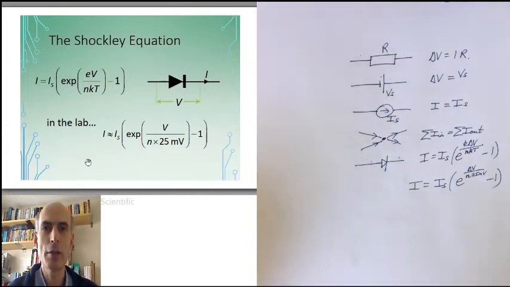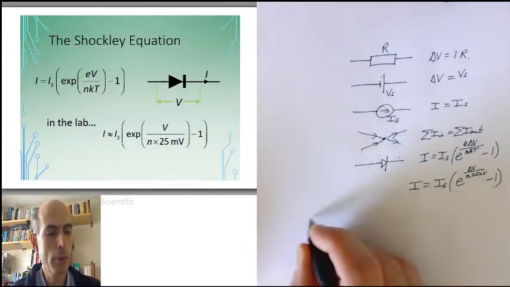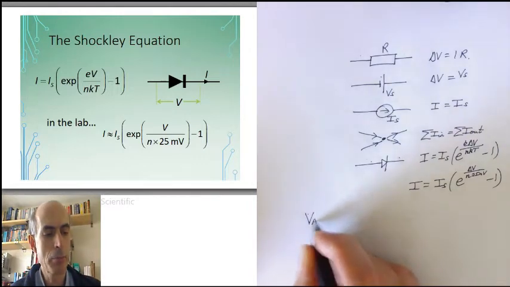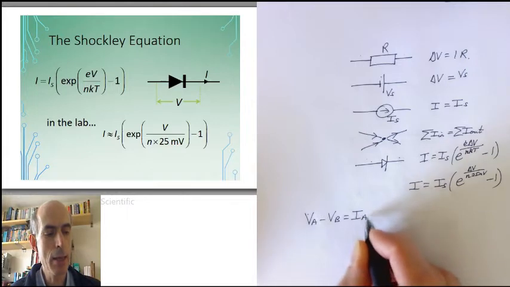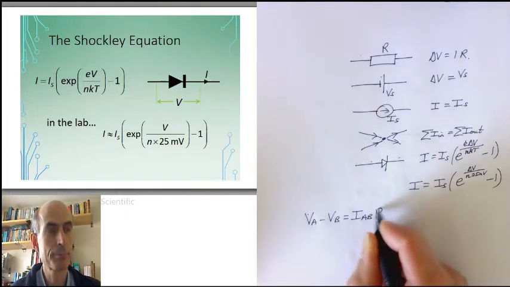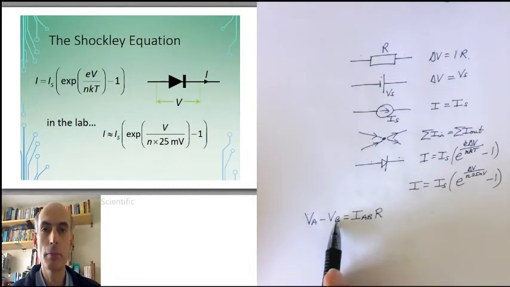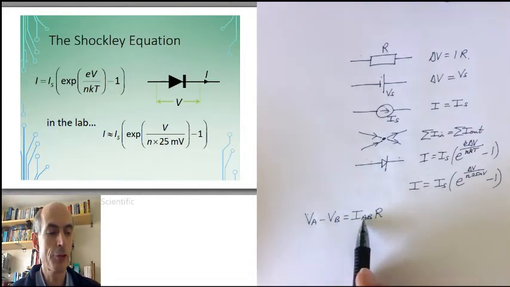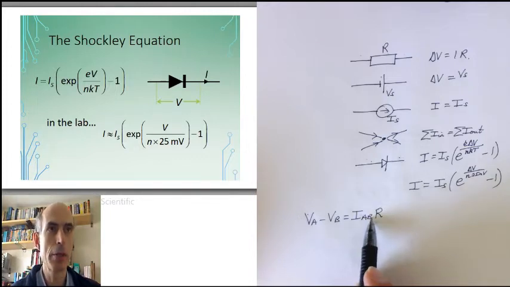I find the easiest way to make sure that you get that right is to write Ohm's law in the form VA minus VB equals IAB times R. The A and the B are in this order on the voltage side and the same order for the currents. And that means that the current is flowing from A to B.